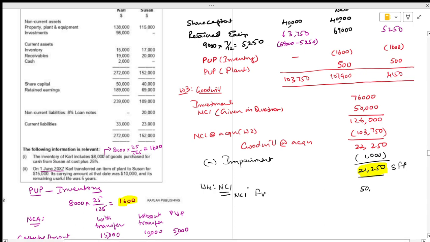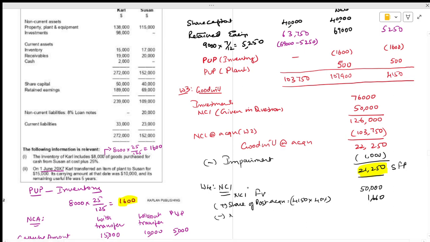50,000. Add share of post acquisition, 4,150 times 40%, 1,660.